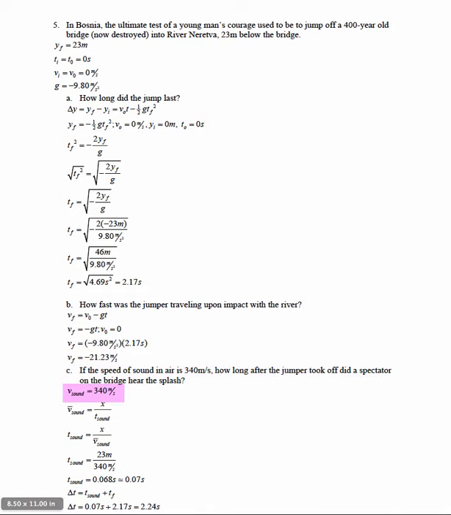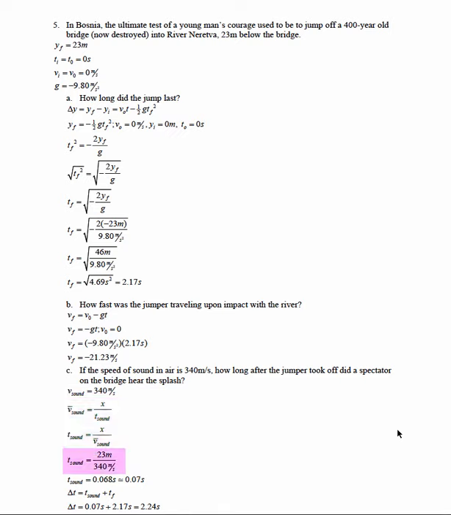So given 340 meters per second, again using our relationship that said distance is equal to velocity times time, or velocity is equal to distance divided by time, we can move the terms around one more time, solving for the time that it takes for the sound to travel over the given distance x by the velocity.